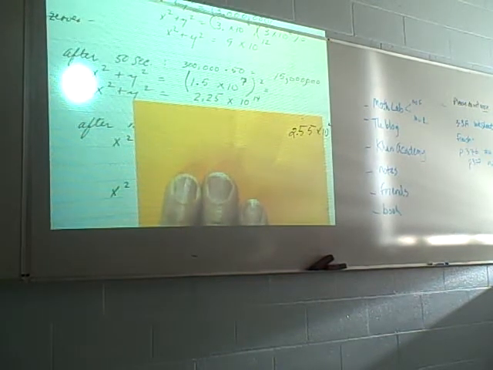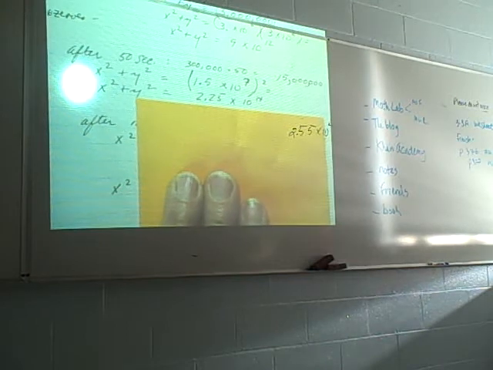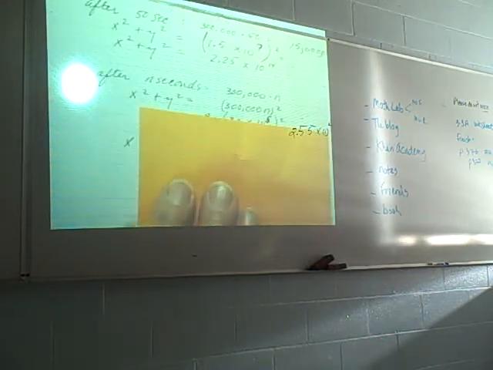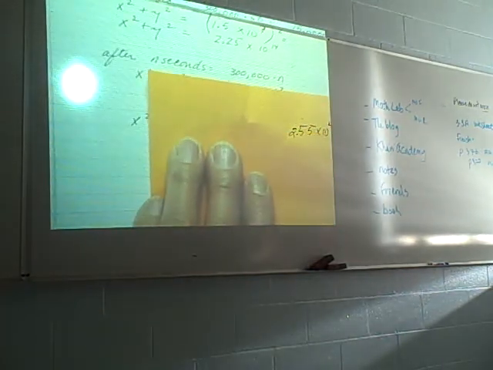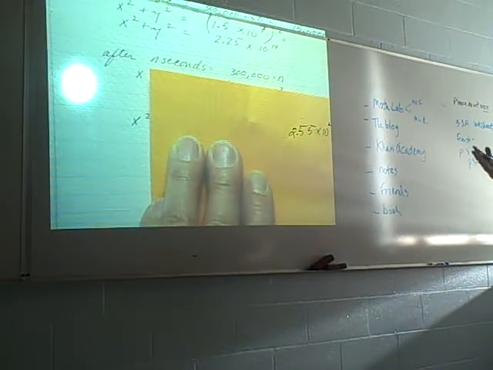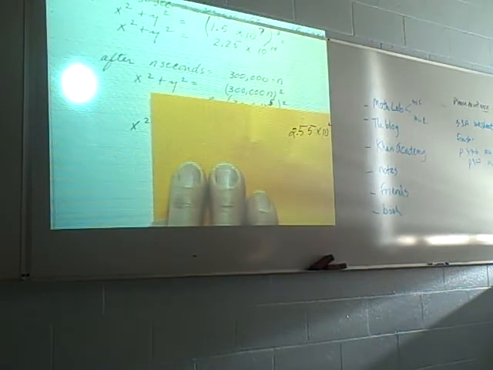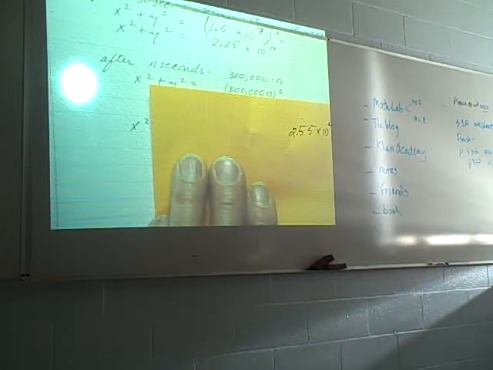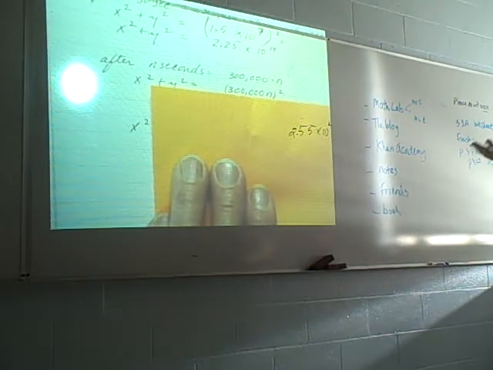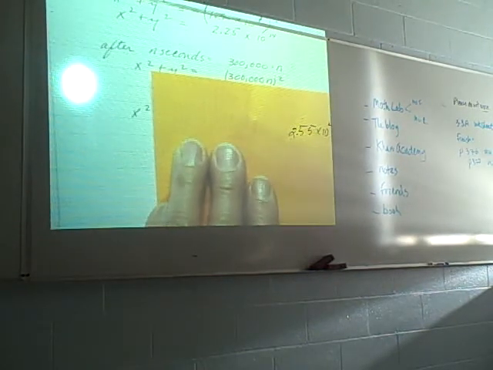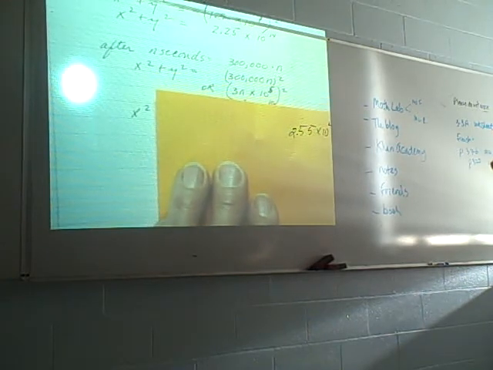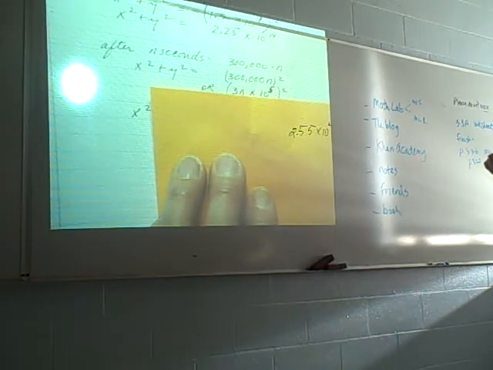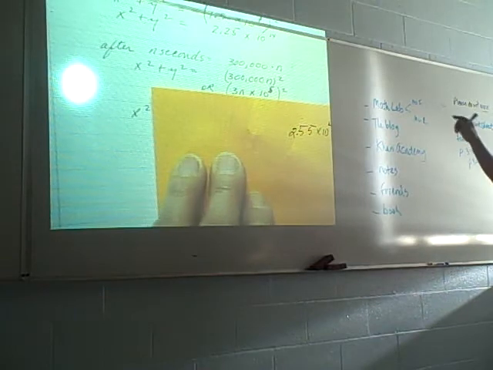Okay, so this was just kind of practicing some exponents. And then after n seconds, it's going to be 300,000 times n. And then I'm going to have 300,000 times n squared. And I know that I have to multiply everything by 3 to 3n.